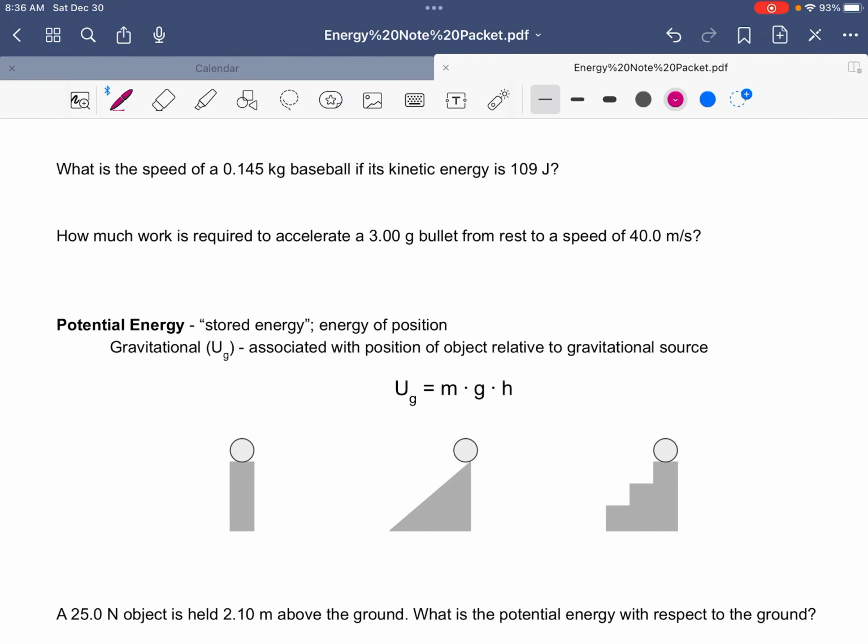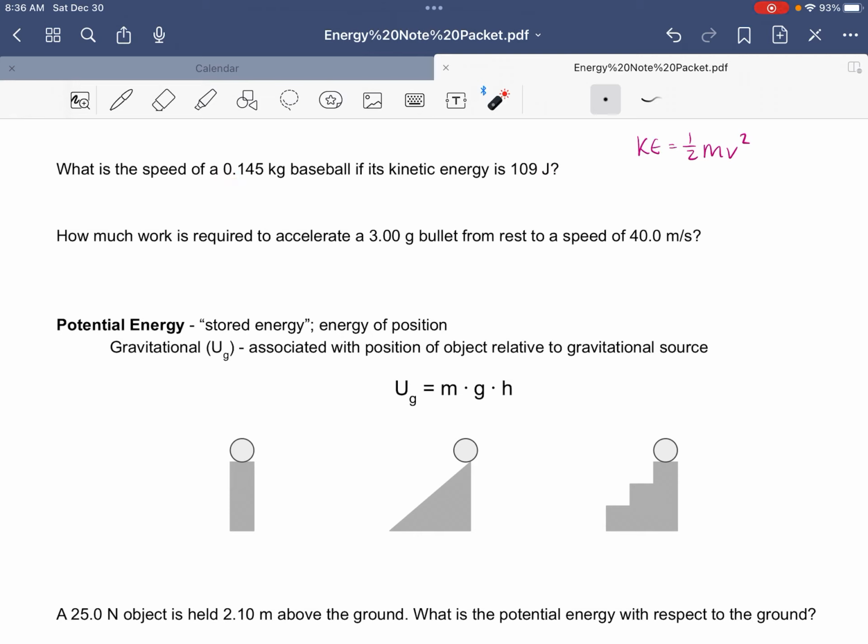For this first practice problem: what is the speed of a 0.145 kilogram baseball if its kinetic energy is 109 joules? Our equation was kinetic energy is equal to 1/2 mass times velocity squared. They give us the kinetic energy and the mass of the baseball.